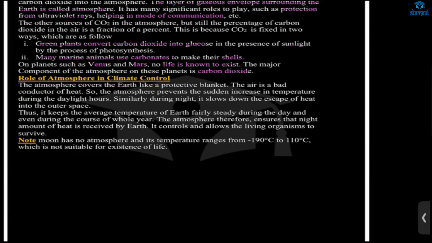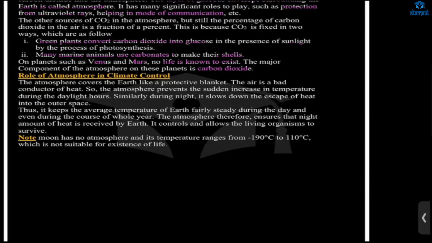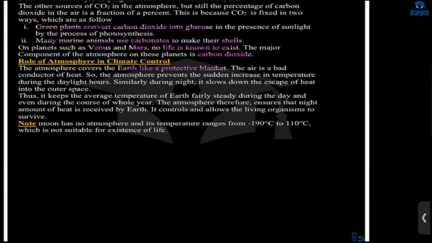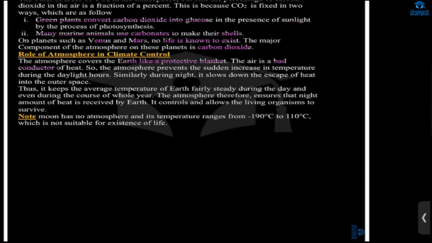And what is the role of atmosphere in climate control? The atmosphere covers the Earth like a protective blanket. Air is a poor conductor of heat, so it will prevent a big increase in temperature during daylight hours.